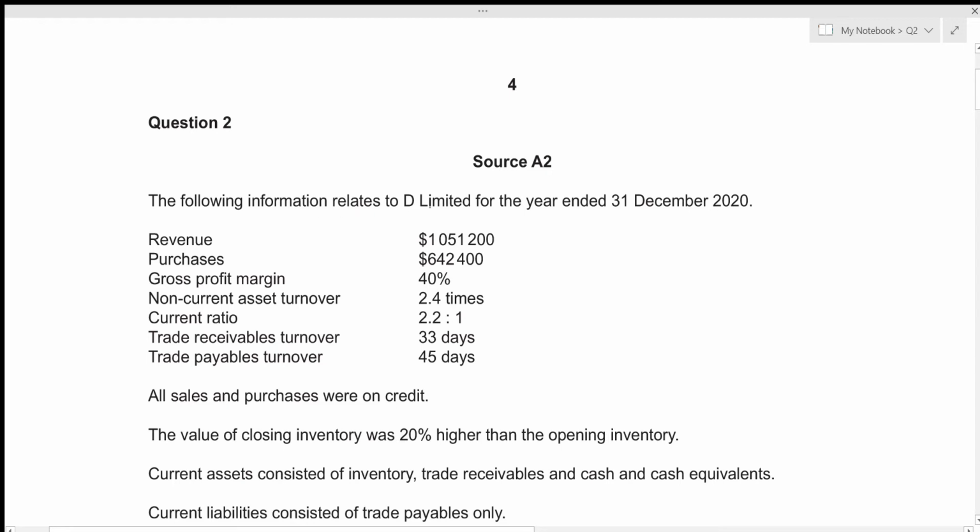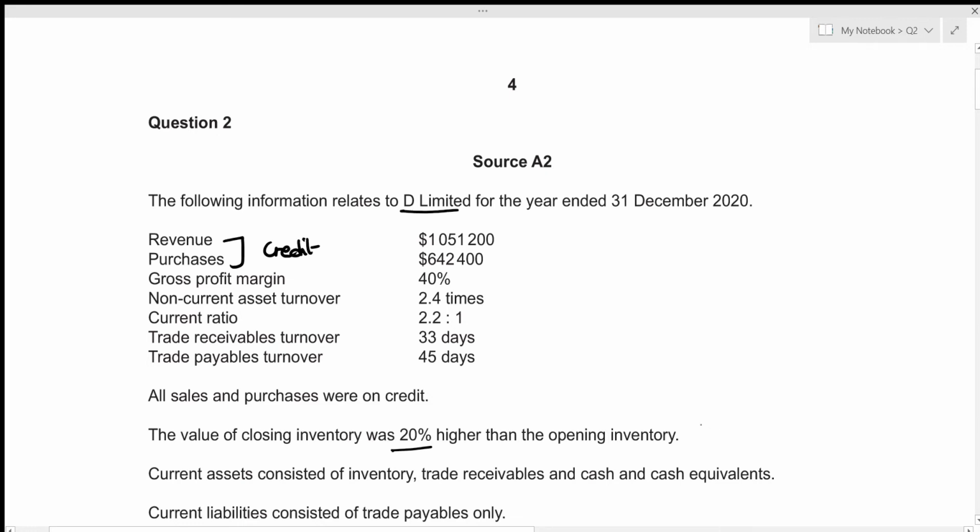The following information relates to D Limited for the year ended 31st December 2020. We are given the revenue, purchases, gross profit margin, which is 40%, non-current asset turnover, current ratio, trade receivables turnover, and trade payables turnover, and we are told that all sales and purchases were on credit. So revenue as well as purchases both are on credit, and the value of closing inventory was 20% higher than the opening inventory.